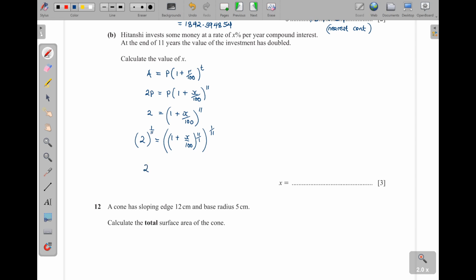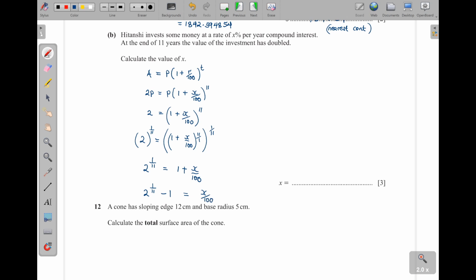So that will be 2 power 1 over 11, which is equal to, these ones will multiply and it goes. Okay, and then we have 1 plus X over 100. Take the 1 here. So we have 2 to the power of 1 over 11, then minus 1, which is equal to X over 100.